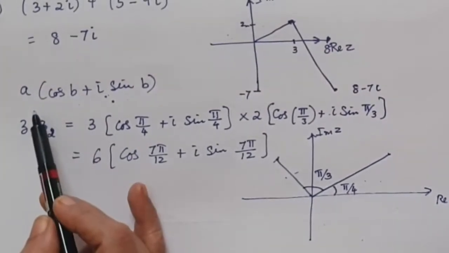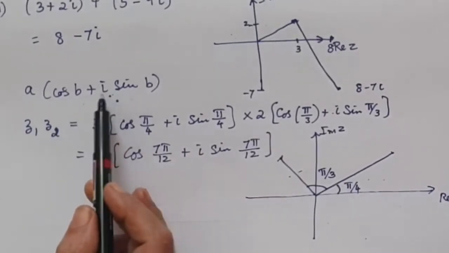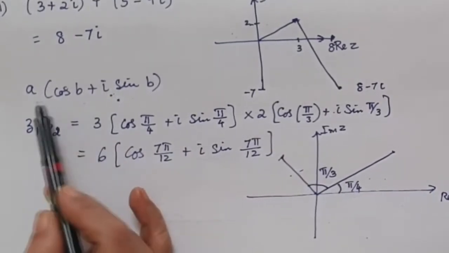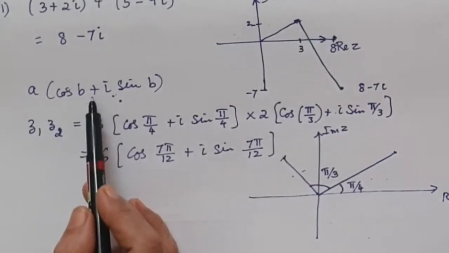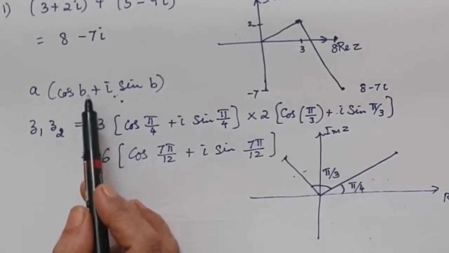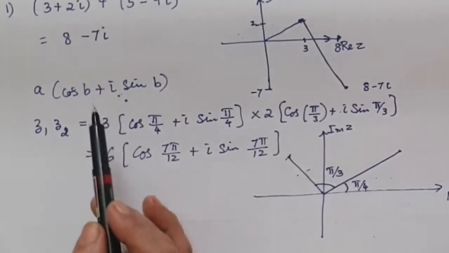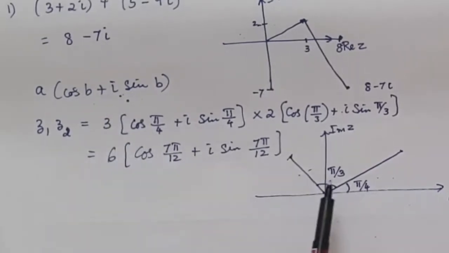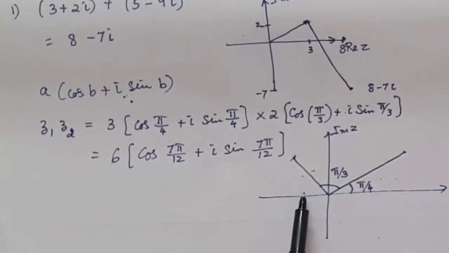Similarly, dividing a complex number by a cos b plus i sin b divides the modulus of the complex number by a and rotates the complex number by b in the clockwise direction about the origin. So for multiplication, it is rotated in the anti-clockwise direction.